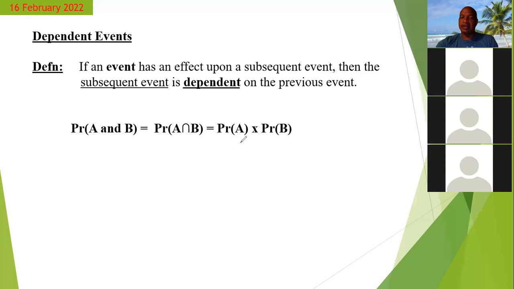So it is done in the same way, right? The only difference is the second event for the dependent event will give you a probability that depends on what happened in the first event. That's the only difference. But when we're calculating them, we do the same thing by finding the product.